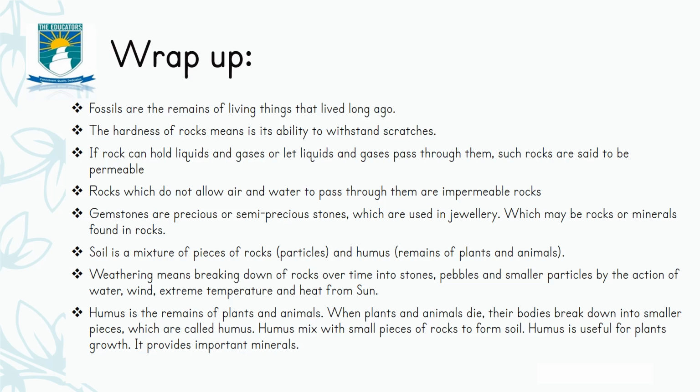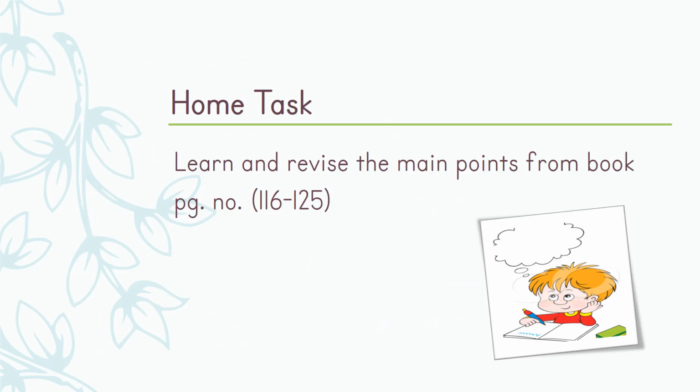Humus is the remains of plants and animals. When plants and animals die, their bodies break down into smaller pieces which are called humus. Humus mixes with small pieces of rocks to form soil. Humus is useful for plants' growth. It provides important minerals.